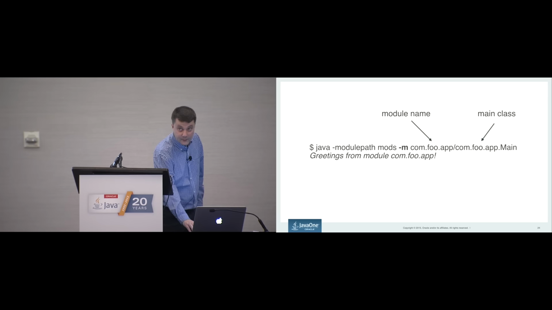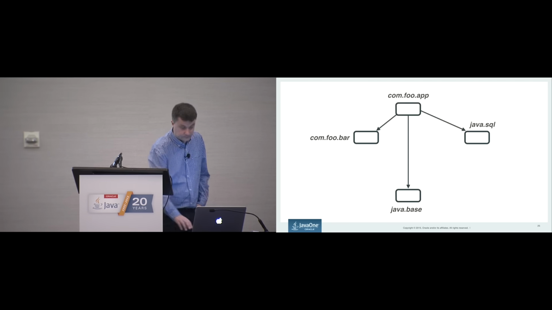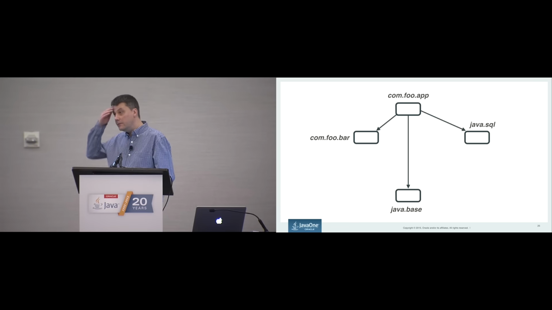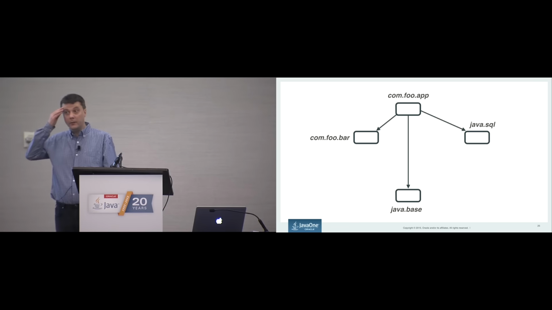I want to show what happens now when we run this. My initial module or my main module is confu app. It has a dependency on confu bar, on java.sql, and of course java.base, because everything depends on java.base.